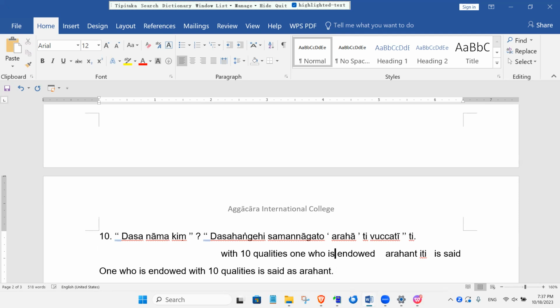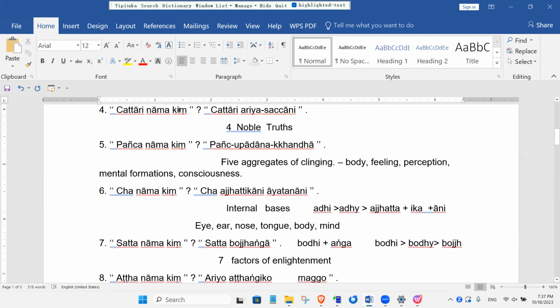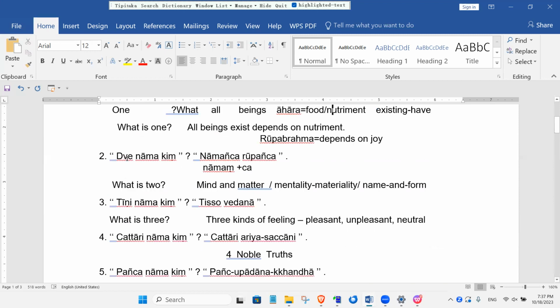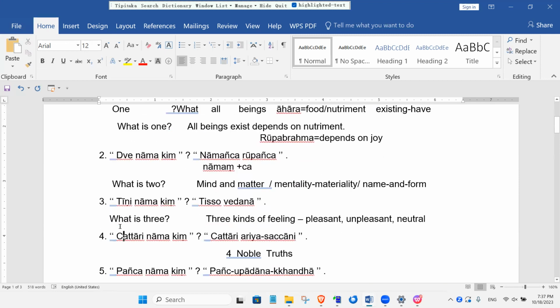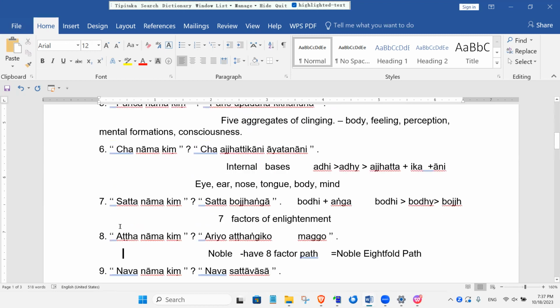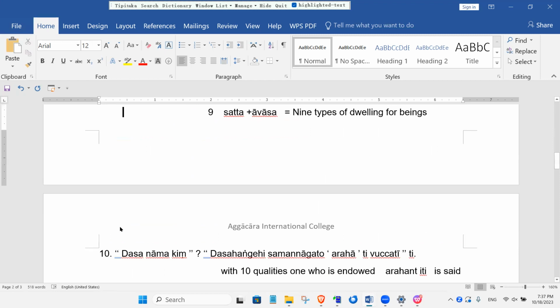This is for you to pick up some simple grammar and some vocabulary: Eka, Dve, Tini, Cattari, Panca, Cha, Satta, Attha, Nava, Dasa.